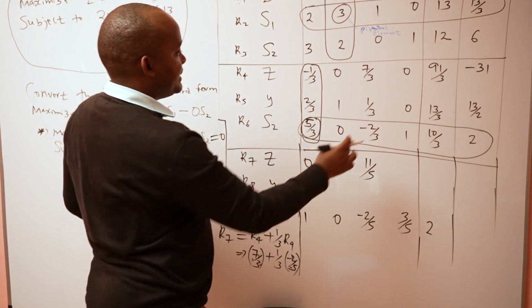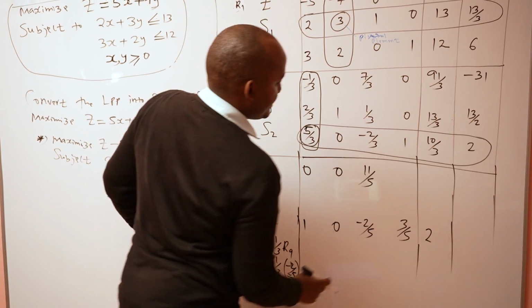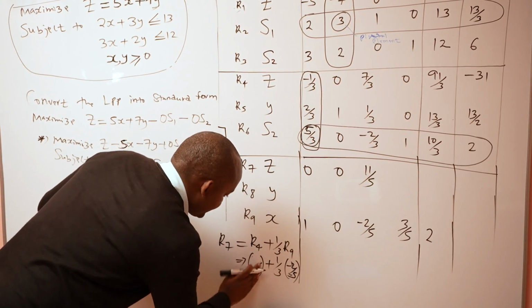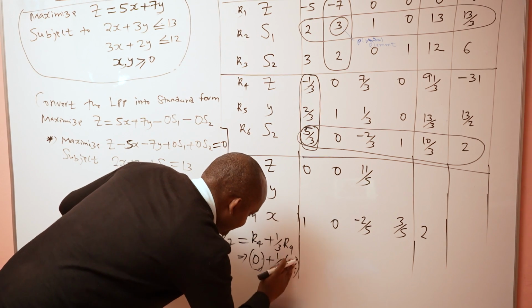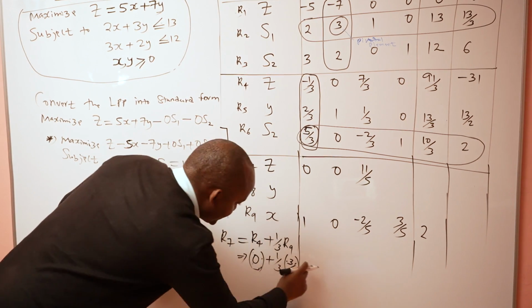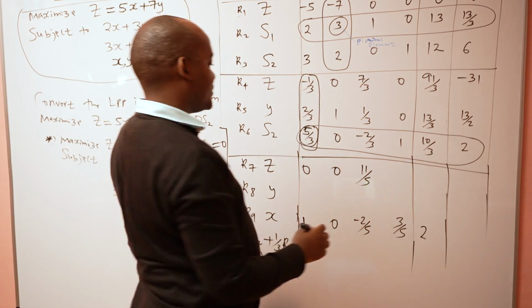Next, you pick 0 and 3 over 5. Of course, if you multiply the two, this is going to give us 1 over 5.